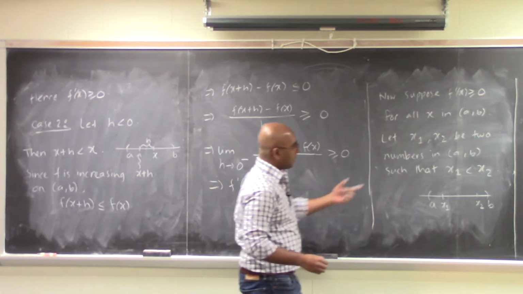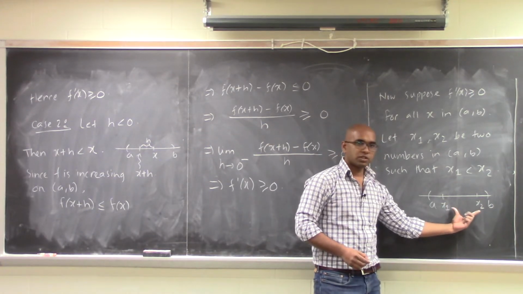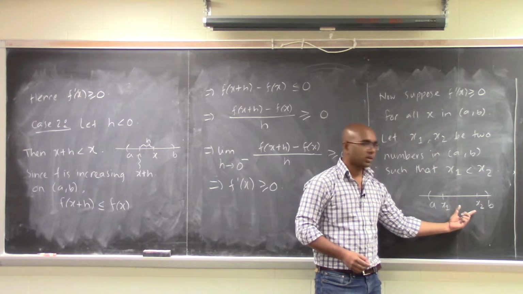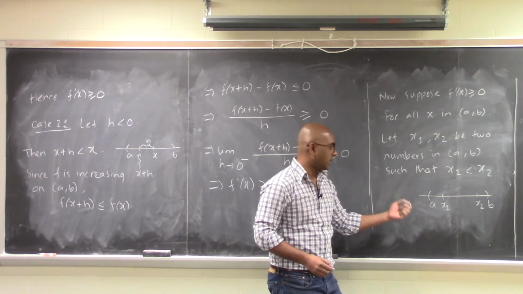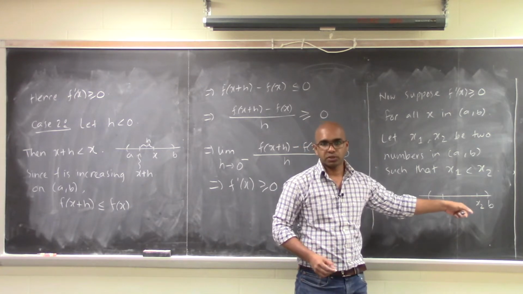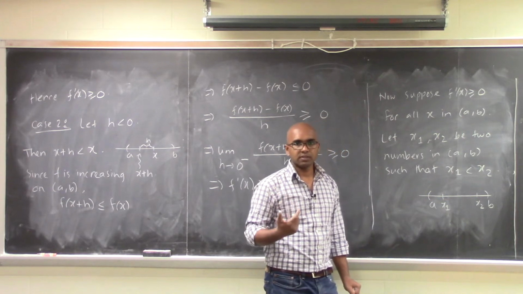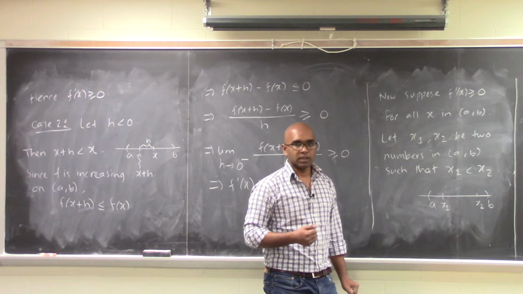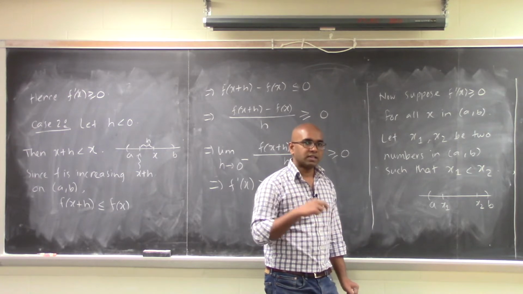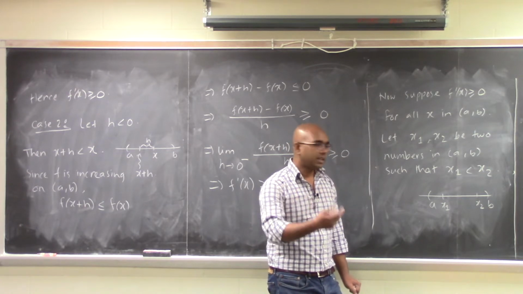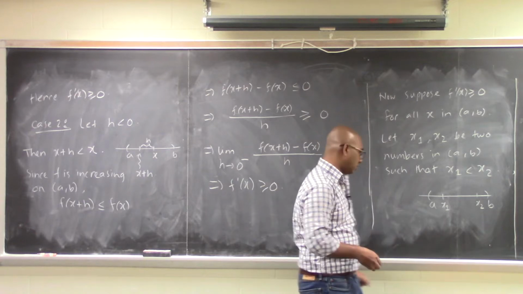So that means my function f is continuous on the closed bounded interval x1 to x2 and is differentiable in the open interval x1 to x2, okay? And those are the two hypotheses of mean value theorem. So the hypotheses of mean value theorem are satisfied. We can immediately go to the conclusion of the mean value theorem, okay?